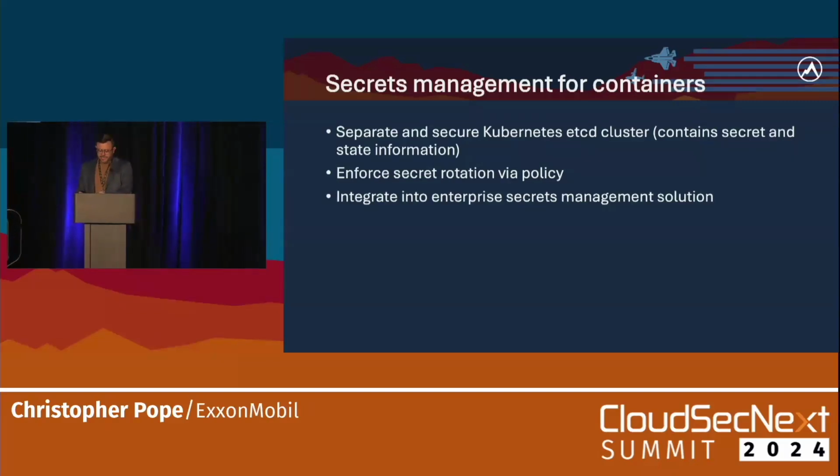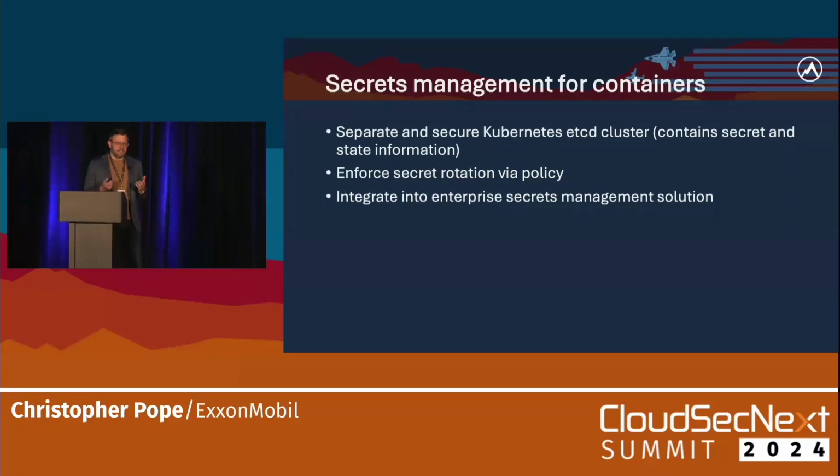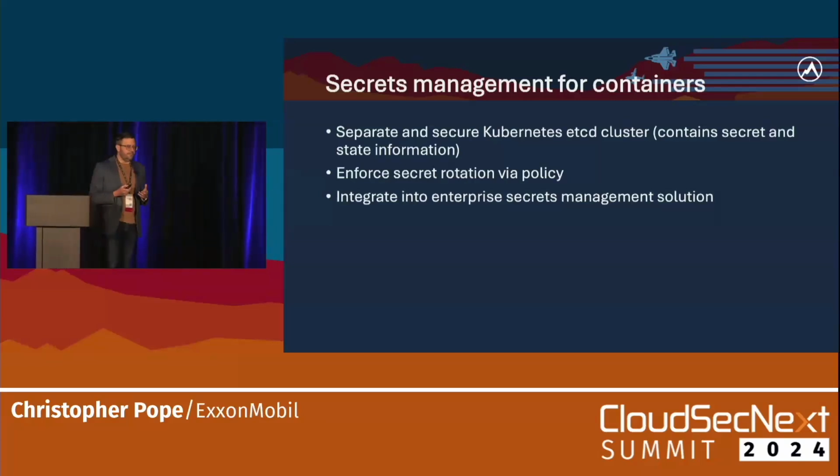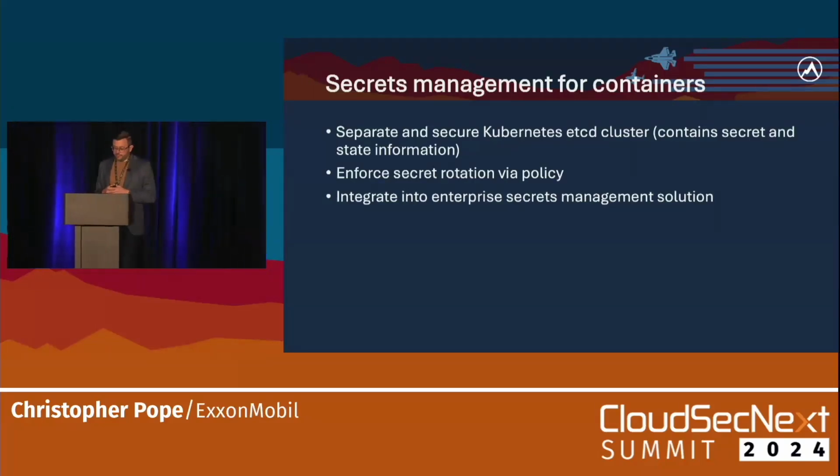A couple of container-specific aspects here. Looking at Kubernetes, specifically the etcd cluster, this is the cluster where secret and state information is stored, and basically, in effect, it provides root access to the whole cluster. If you're running your own Kubernetes, self-managed in the cloud or on-prem, every member of the cluster needs to have sufficient resources.